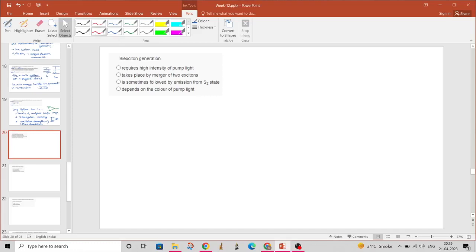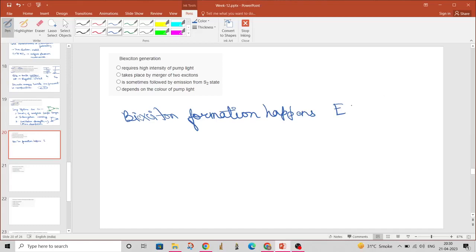So bi-exciton formation happens when the energy provided is very much greater than the band gap. That is, it is more than twice the band gap.